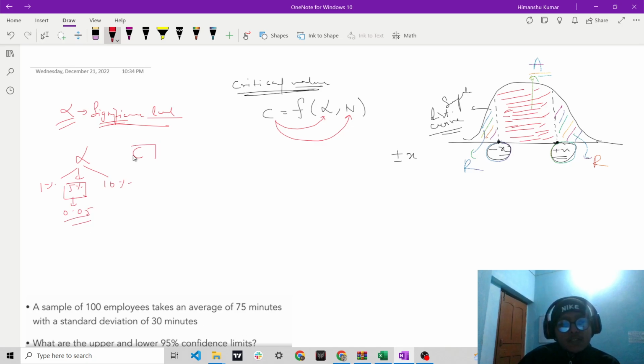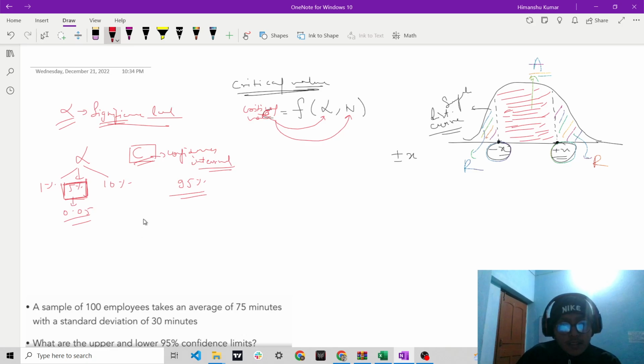Now we'll talk about C. C is the confidence interval. Here C is the confidence interval. In the 5%, there is a probability that our hypothesis will be rejected, but in the rest of the 95%, there is a probability that our hypothesis will be accepted.